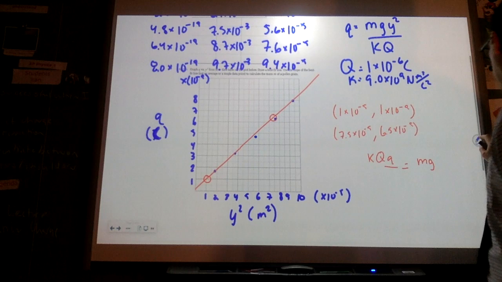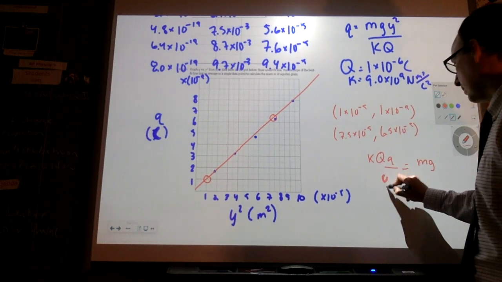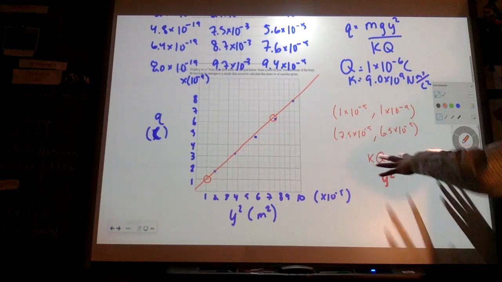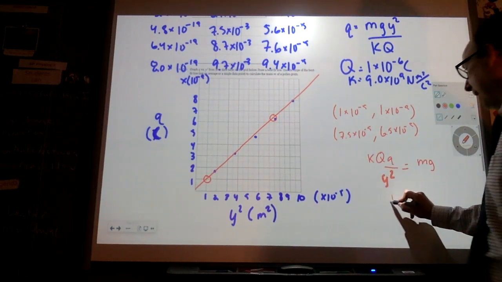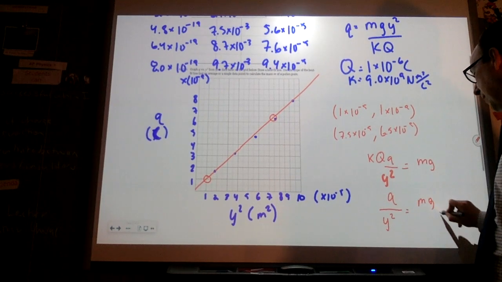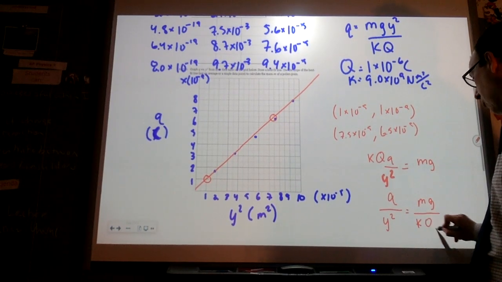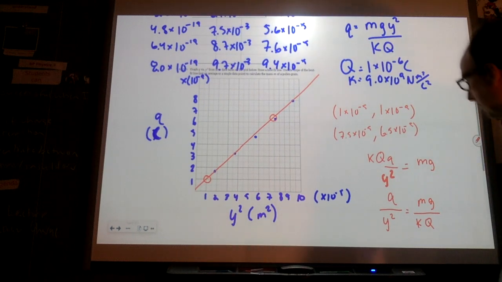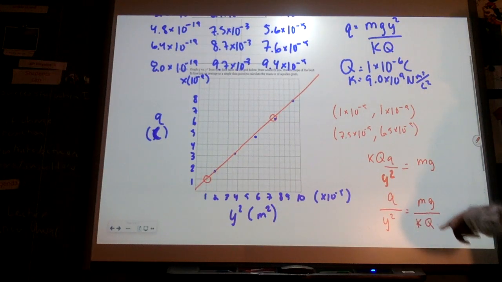Q over y squared. They told you what to graph, so we're going to have our y-axis, our x-axis, and then we'll have mgk over Q there. So our slope is going to be equal to mgk over Q.